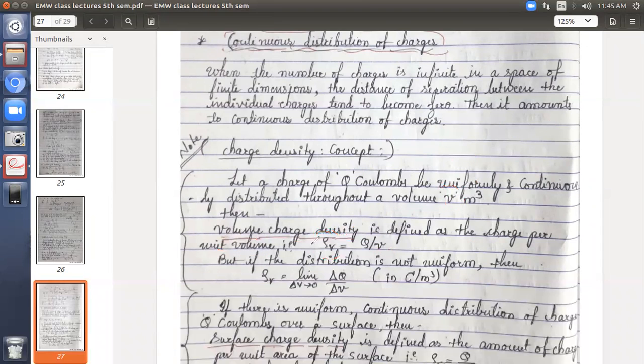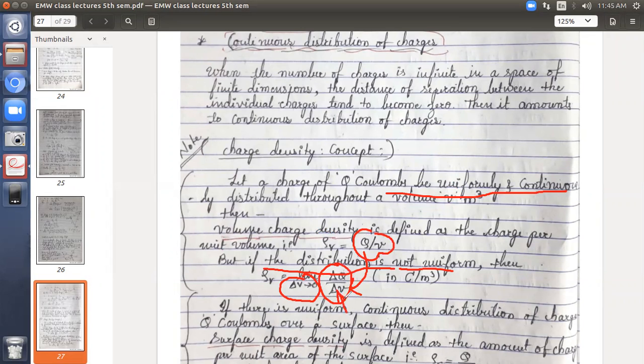Now coming to our concept, if the distribution is not uniform, then instead of writing this, we consider a space where the volume is tending to zero and the charges are very compact. Then we write delta q by delta v.